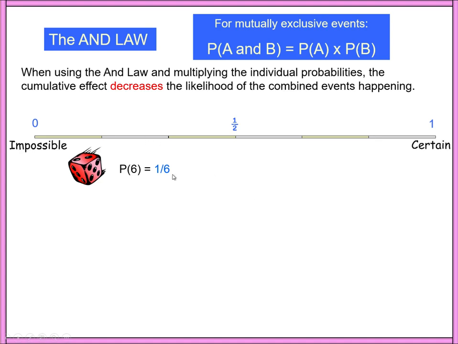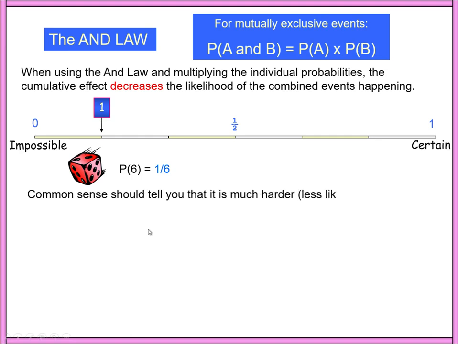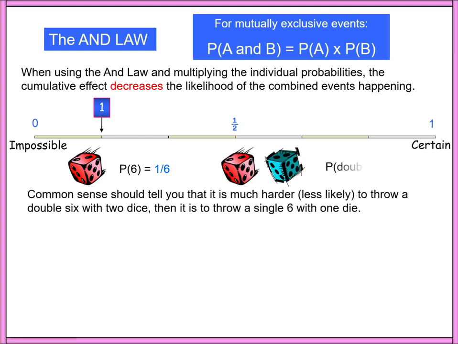So, if we roll a dice, probability of a 6 is 1 out of 6. 1 out of the 6 sides the dice has got. And to throw a double 6, as this statement tells us, it's much harder to get another 6.